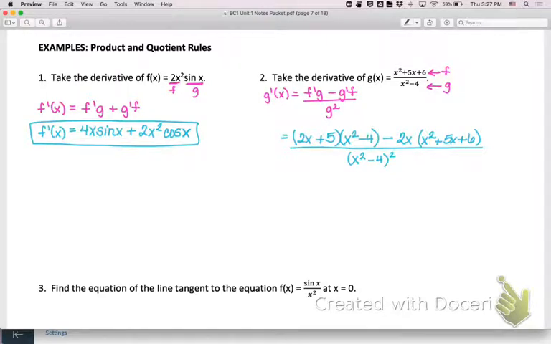I could multiply it out and see what happens there. But what I'm actually going to do first, and there's more than one right way to do this, is consider the fact that this is x plus 2, x minus 2, and that this one factors to x plus 2, x plus 3. What that shows me is that I have an x plus 2 in common that I can factor out.